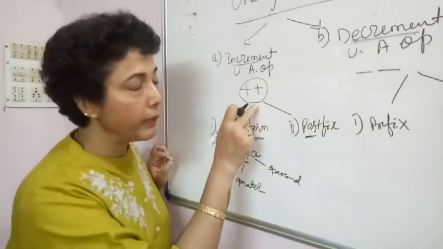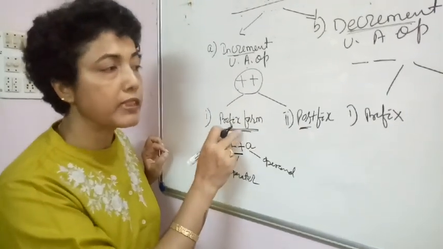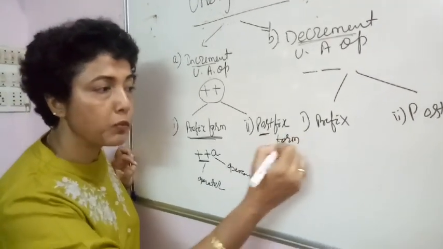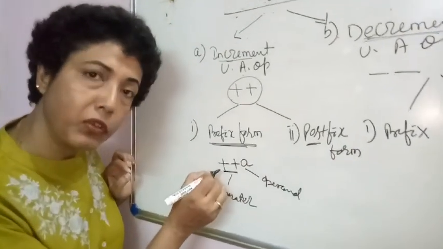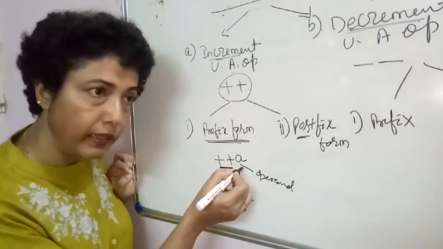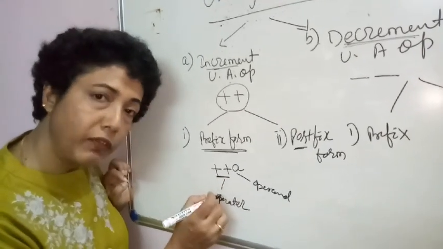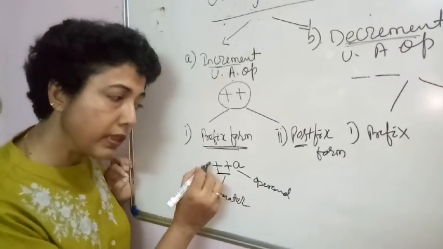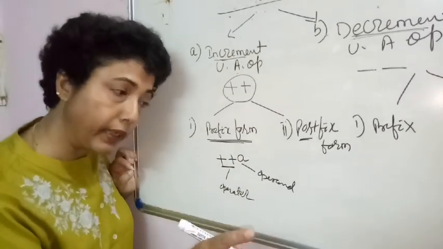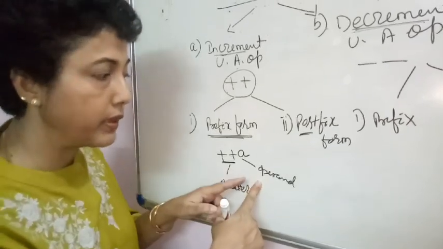This unary increment operator can be used in two different ways, prefix form and postfix form. In prefix form, it appears before the operand, means it comes first then the operand. Because it is coming first, it will change the value first. Because increment operator, it will change by plus 1, and then that new value will be taken for calculation.